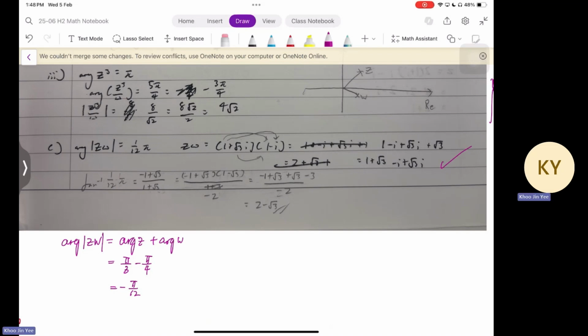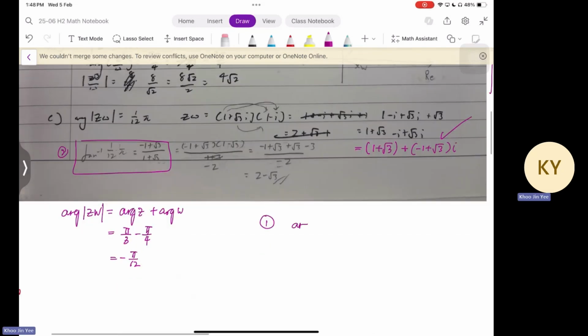What I would encourage you to do is maybe write out negative 1 plus root 3 plus 1 plus root 3 i in the form of a plus bi. Now, because of this, you cannot jump to this first. We have to do one more step first.